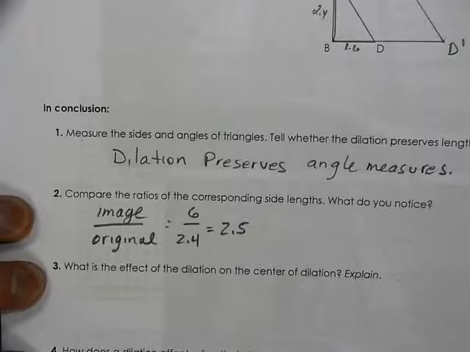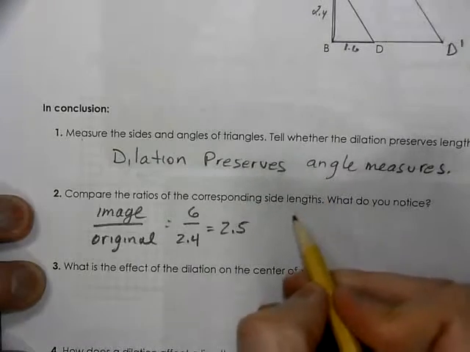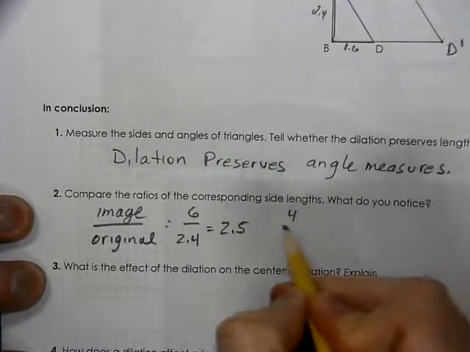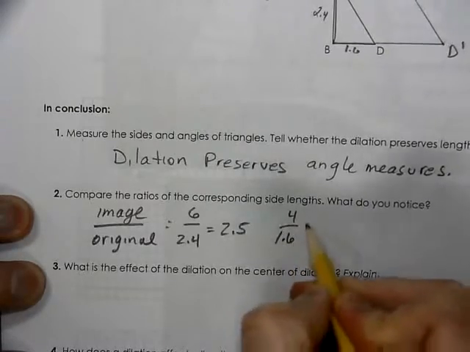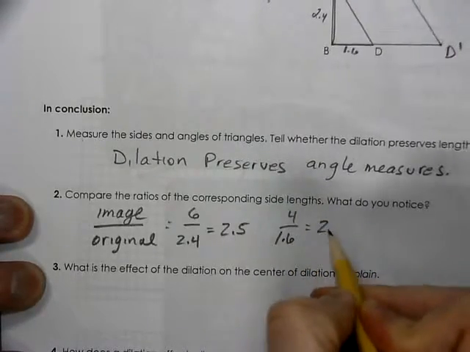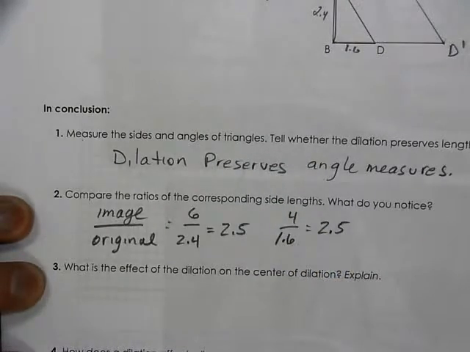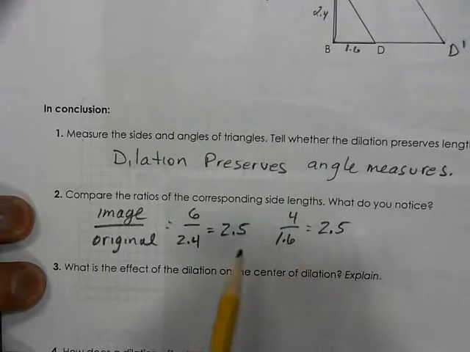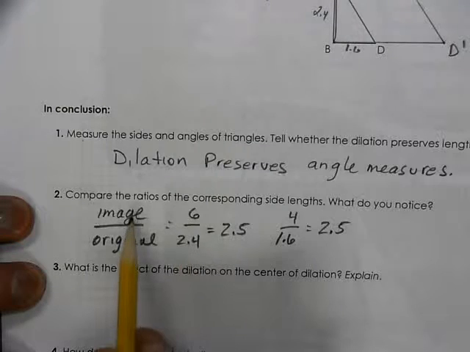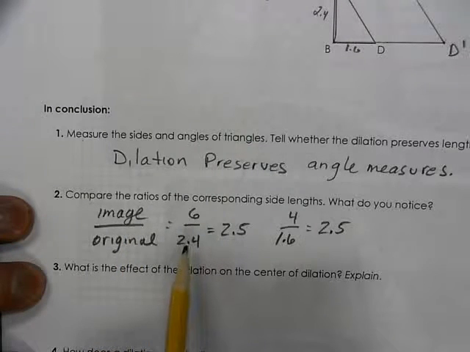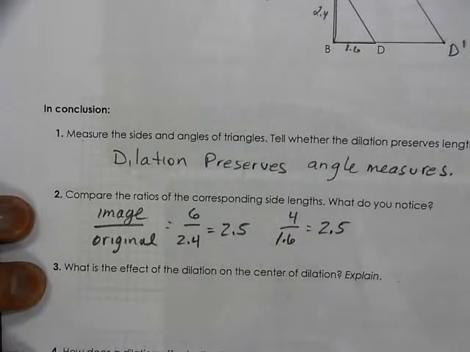But nonetheless, that would be the ratio. And then we had the 4 over the 1.6, and that would give us also a 2.5. The scale factor is a representation of what the ratio of the image over the original is going to be for any corresponding parts of the lengths of the sides. The angles are always exactly the same.